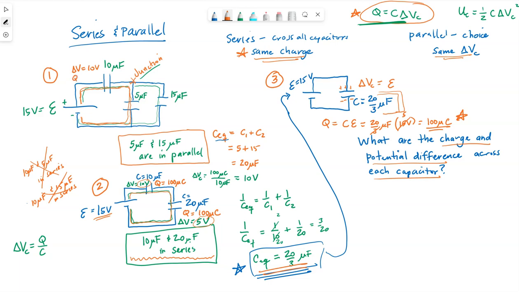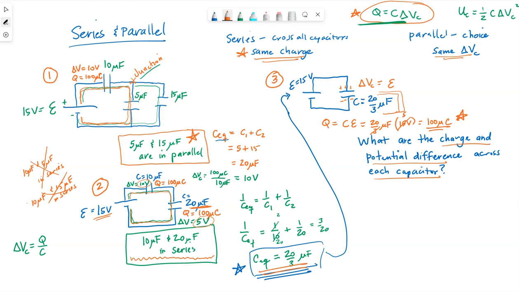We now know this capacitor has a potential difference of 10 volts and charge of 100 microcoulombs. The 20 in circuit 2 is not the original capacitor in circuit 1. The 20 was equivalent for the 5 and the 15 in parallel.